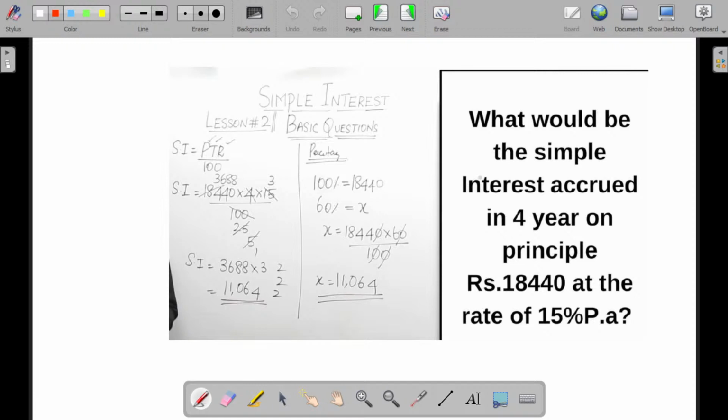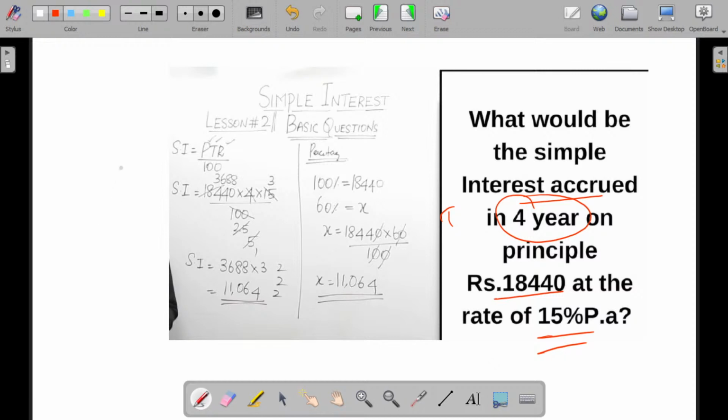So we'll see one example. What would be the simple interest that is occurred in a 4 year time duration, principal 18,440 at the rate of 15 percentage per annum.